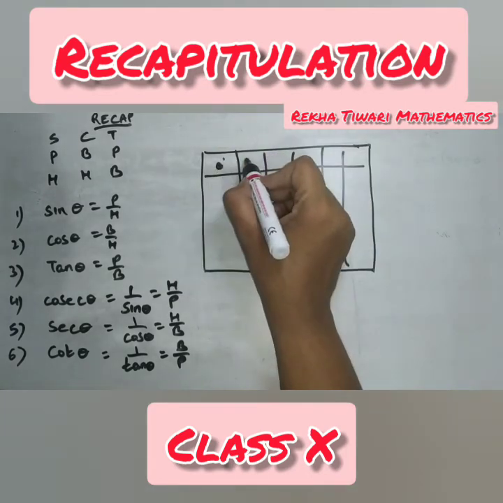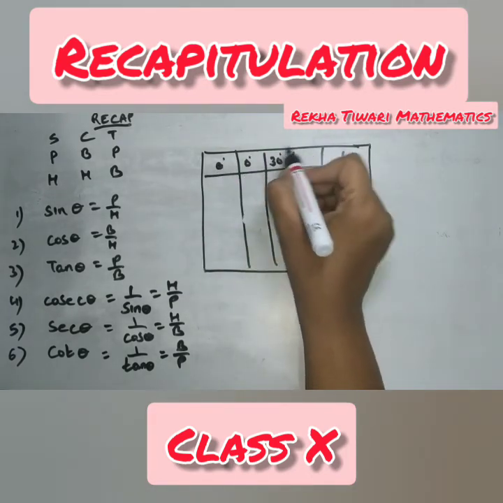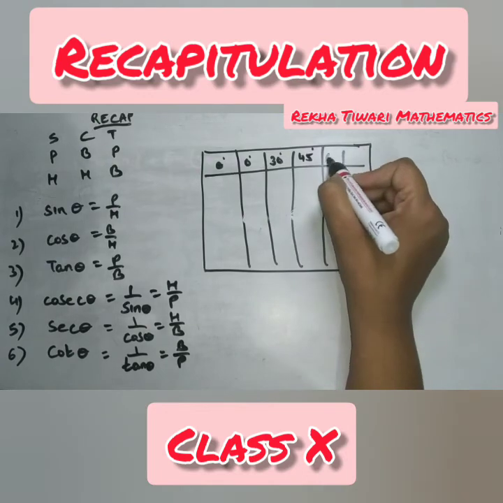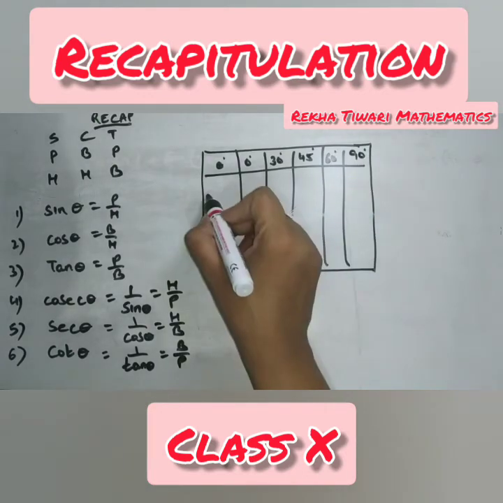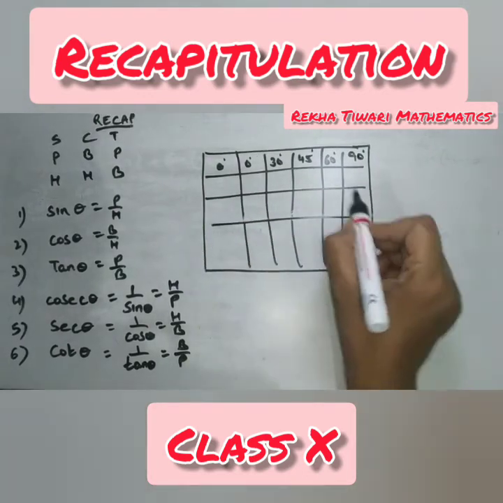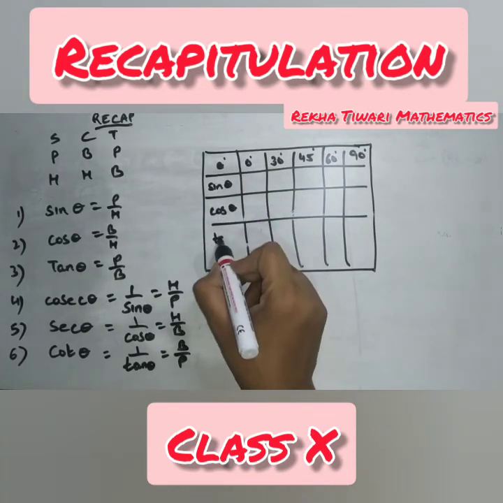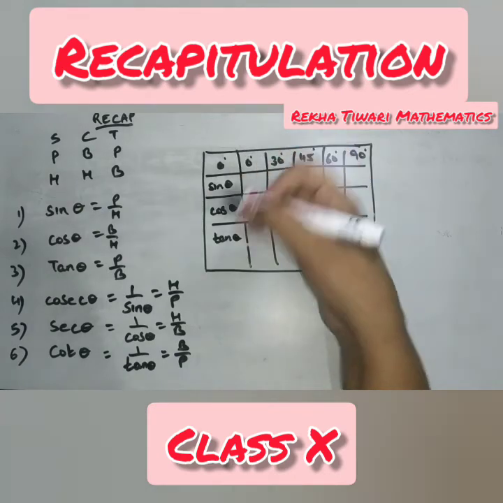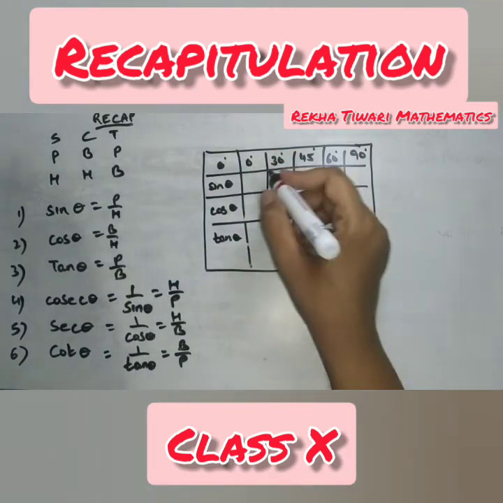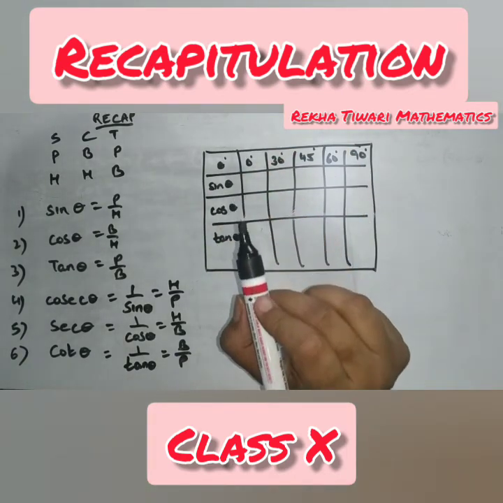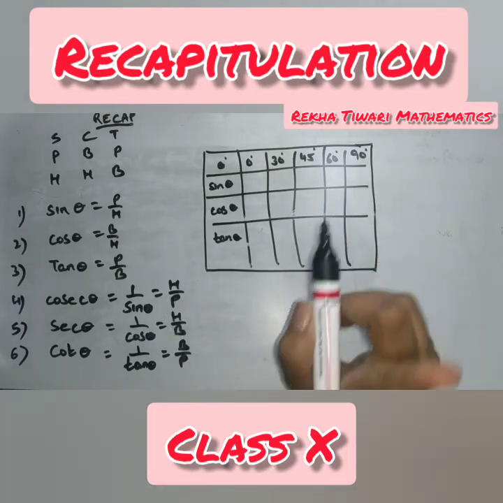This is theta for 0 degree, 30 degree, 45 degree, 60 degree and 90 degree. For sin theta, cos theta and tan theta. And the rest three you can proceed because they are the reciprocals only. So what we have read, that we have to learn the first line. And what is the first line?